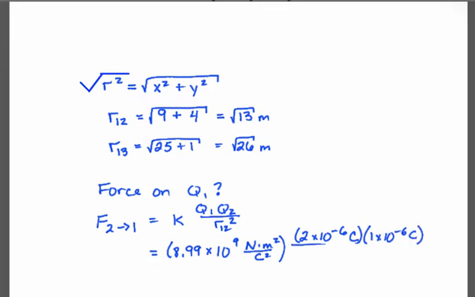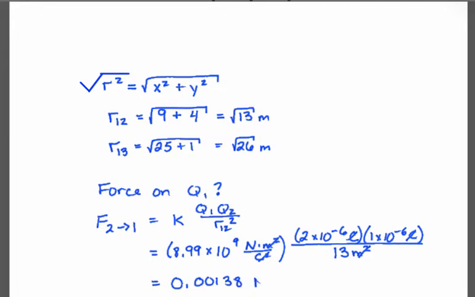And because I kept my distance inside the radical, when I square that, it's pretty easy to see that the square root of 13 squared is 13. My units cancel, leaving me with just newtons. And if I plug this into my calculator, I'll get something that looks like this.